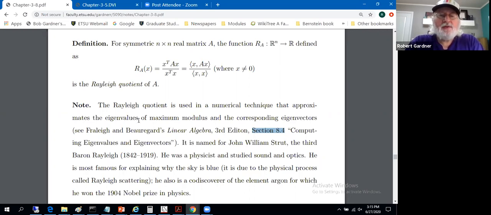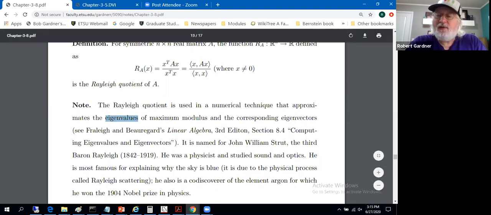Having upper bounds on eigenvalues, I know, is an important thing when dealing with certain differential equations. Eigenvalues less than 1 are good; they give convergence. Eigenvalues greater than 1, there are concerns over divergence in terms of solutions to certain kinds of differential equations. But anyhow, I leave it to the numerical folks to make use of the Rayleigh quotient.